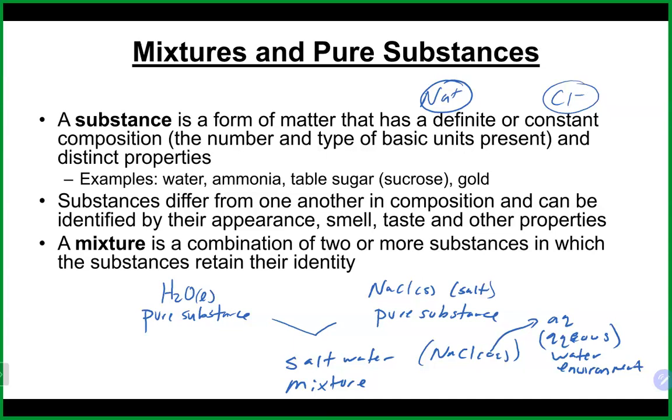So when you put an ionic compound like sodium chloride in water, the negative side of water, which is the oxygen, will surround the positive ion, and the positive side of water, which is the hydrogen, will surround our negative ion. That does really two things. That's really how something dissolves: all those ions get surrounded by the water. It also prevents those ions from coming together to make a solid.